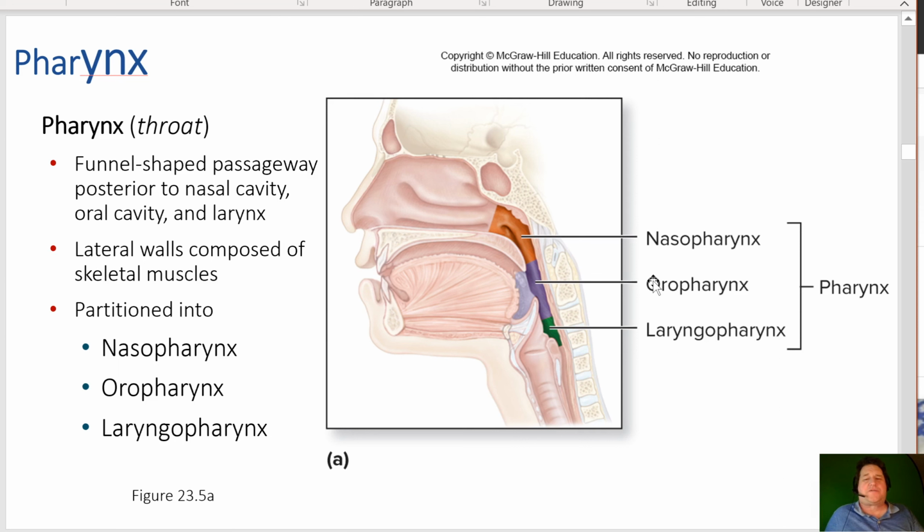Three sections here: nasopharynx, oropharynx, laryngopharynx. The oro and the laryngeal are also shared with the digestive system.